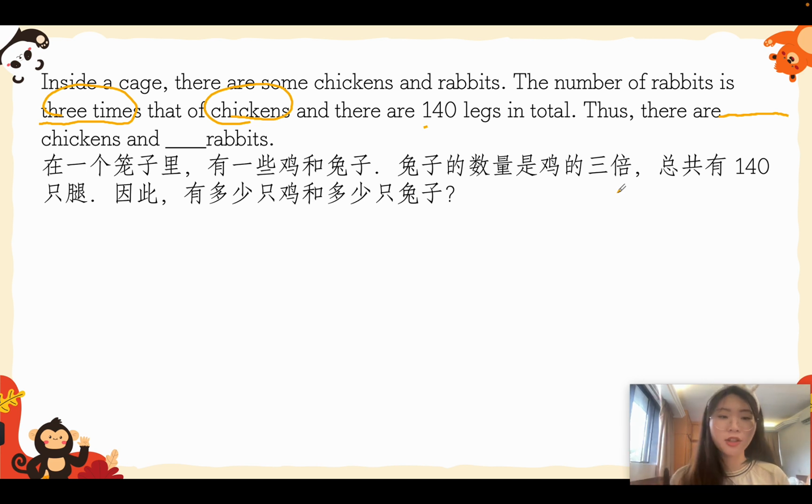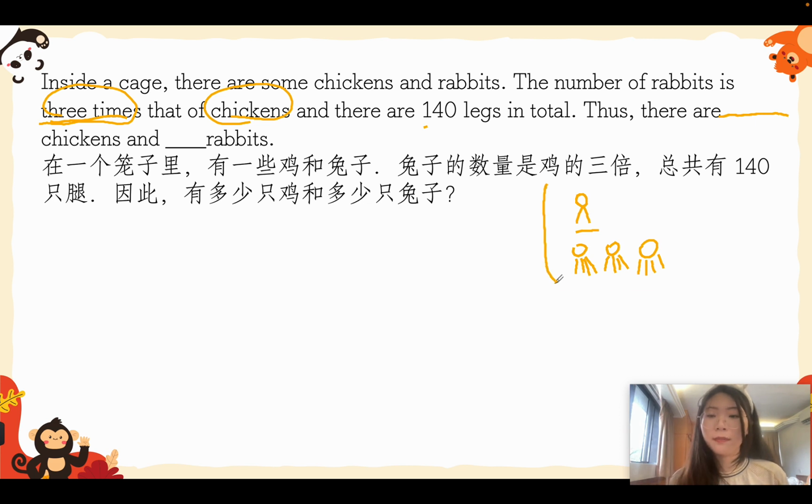But this question is 3 times. So it means as long as you have one chicken, the number of rabbits is 3 times the chicken. So one chicken corresponds to 3 rabbits. Right? As long as you have one chicken, you just draw 3 rabbits.